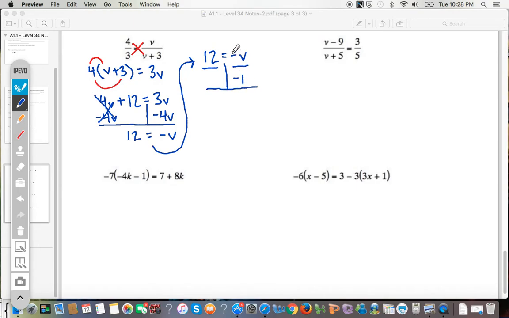And that will get rid of my negative sign up here, because remember, this is the same thing as -1 times v up here. So if we have -1 divided by -1, they'll cancel. Same thing over here. So I have v equals 12 divided by -1, which is just -12.